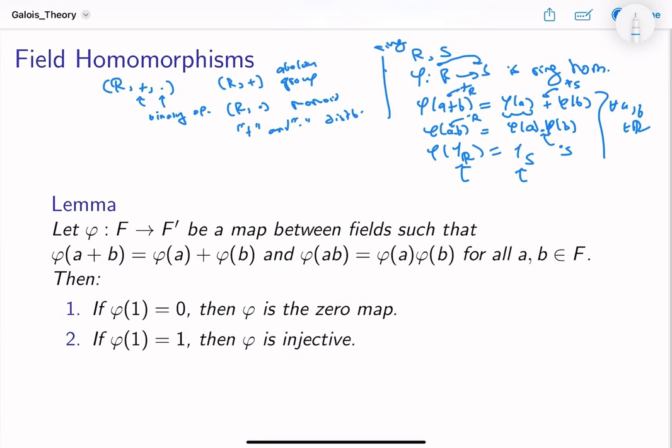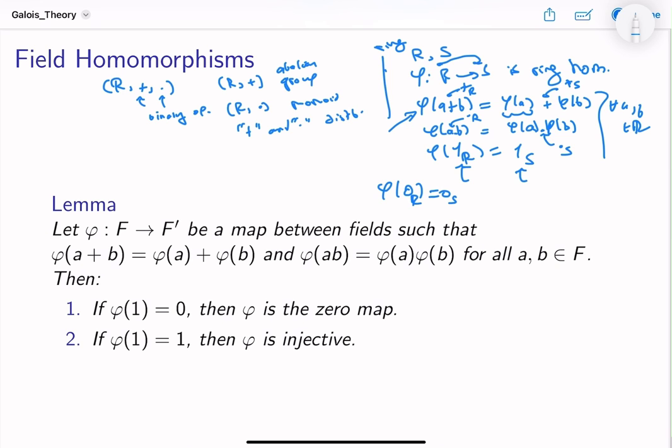The other thing I want to mention is that we are not requiring phi of 0_R to be equal to 0_S, because this follows immediately from the properties over here.